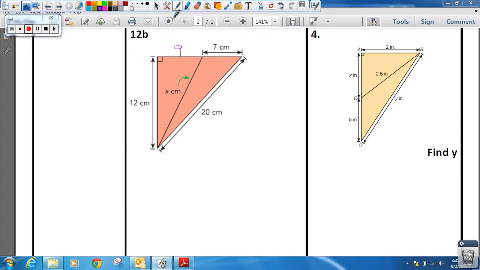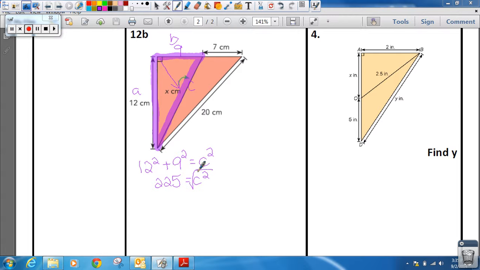Okay? So now I can use that to help me solve for X. Now here's my new right triangle that I'm going to focus on. Across from the 90 is my C, so that's what I'm looking for. And we have A and B. So I have 12 squared plus 9 squared equals C squared. 12 squared plus 9 squared is 225 equals C squared.